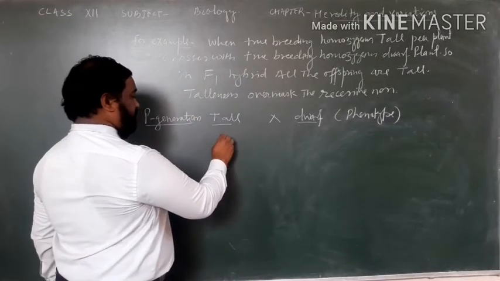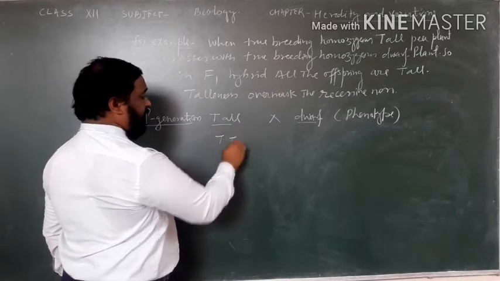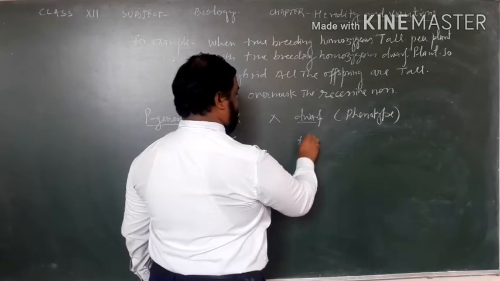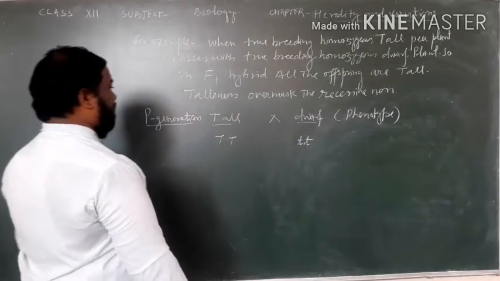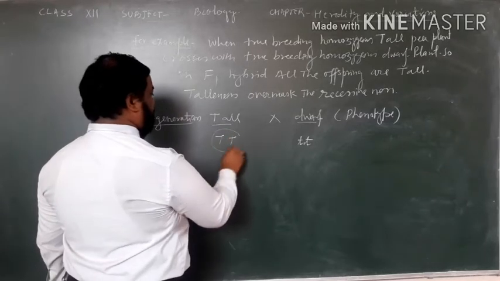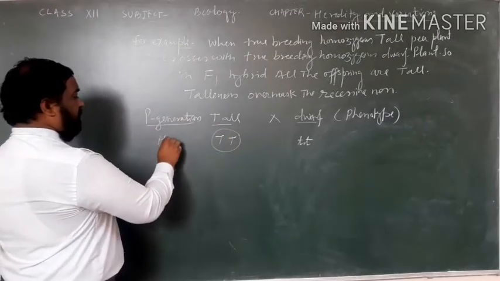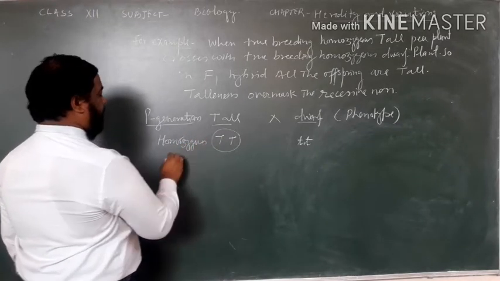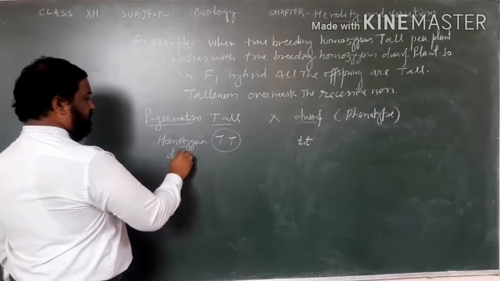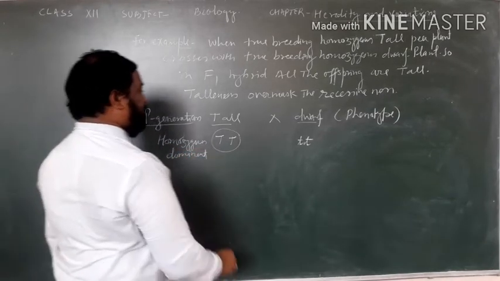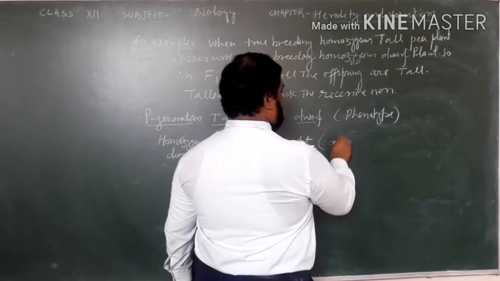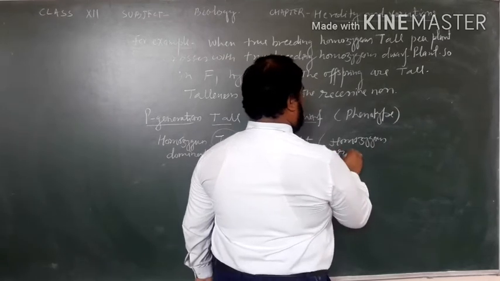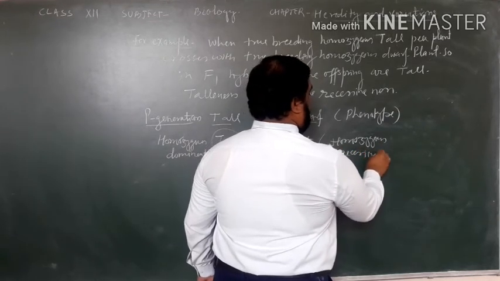For tall, its genotype is capital T, and for dwarf, its genotype is small t. So this is the homozygous dominant, and this is the homozygous recessive.